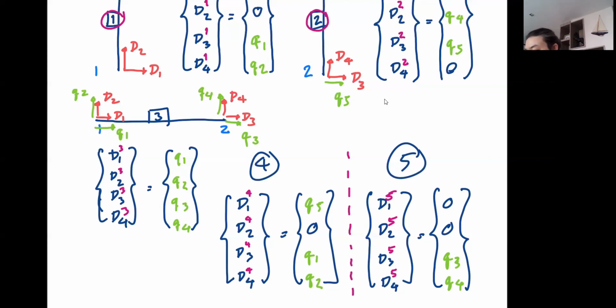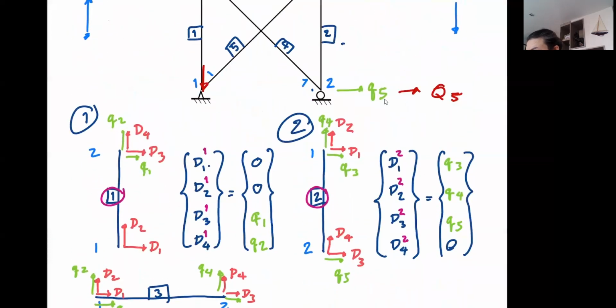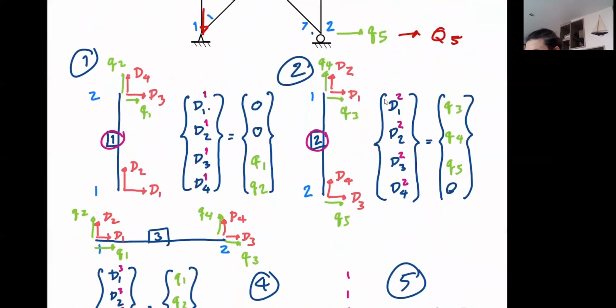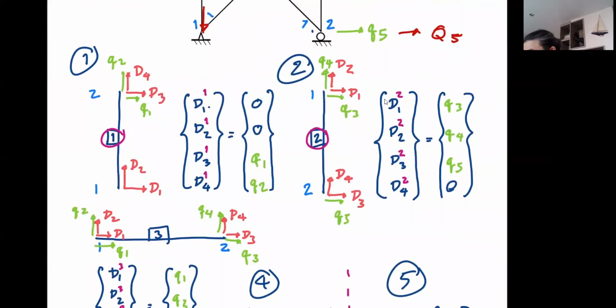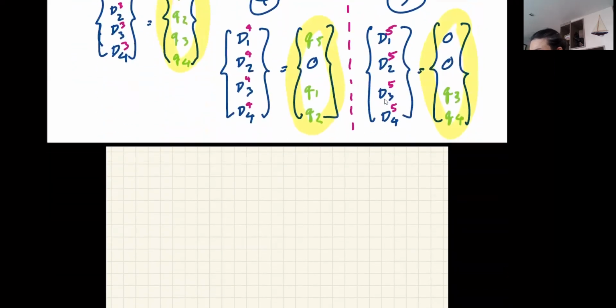Now, the next step is that I can put these matrices together, this one, this, and this, to form another matrix.